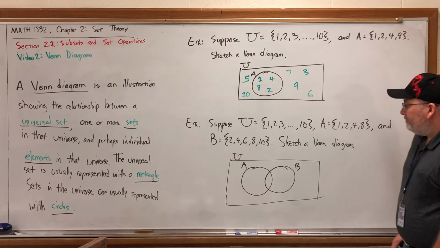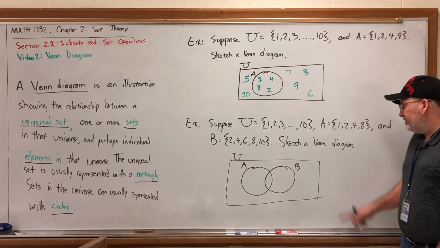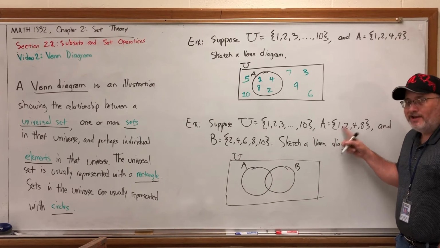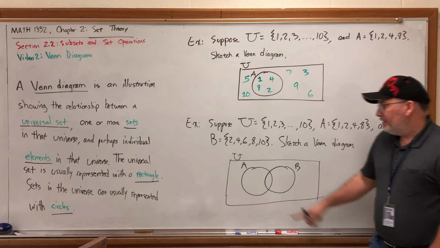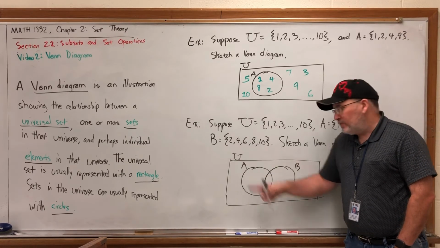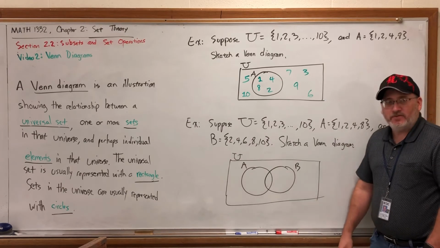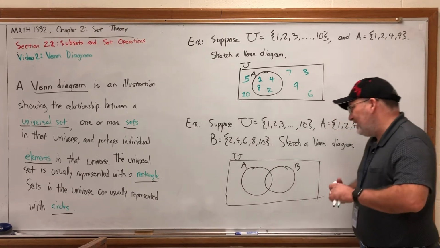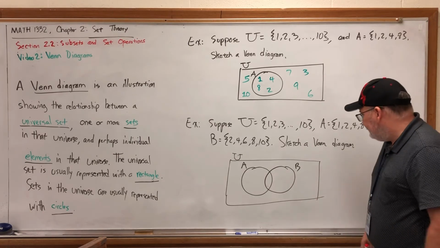The number 1, the first number in the universe, does belong to set A, which means it needs to be inside circle A. But the number 1 is not an element of set B, which means the number 1 needs to be outside of circle B. For reference purposes, I'm going to label these regions.